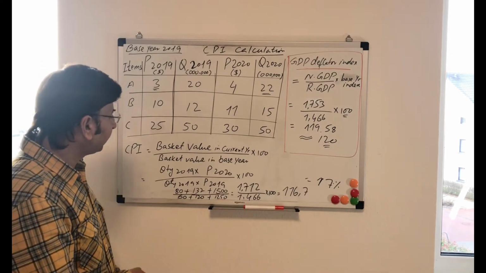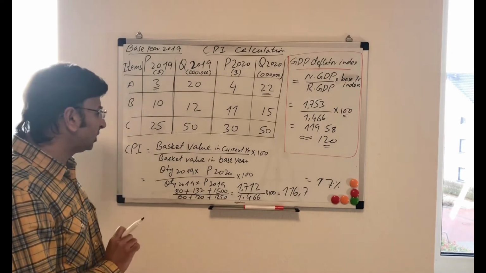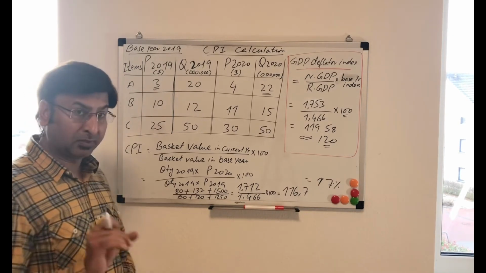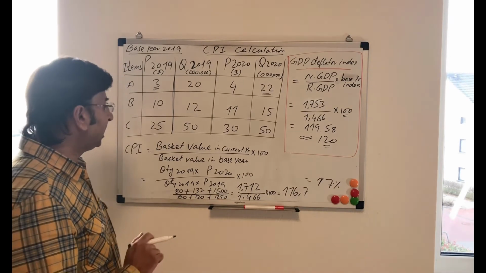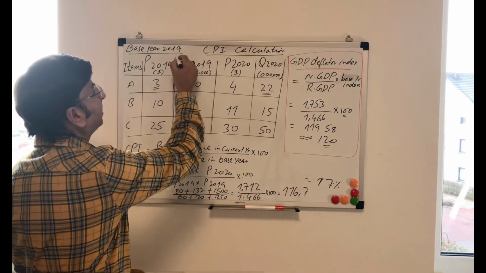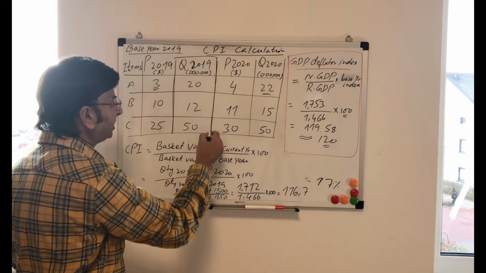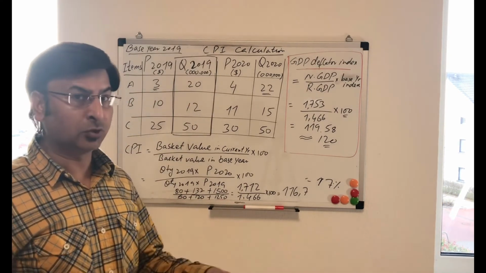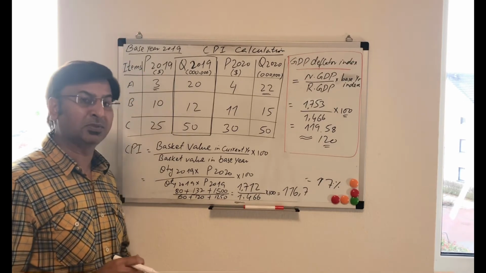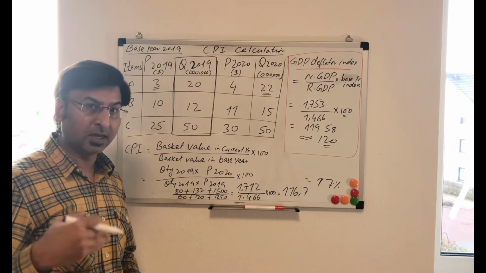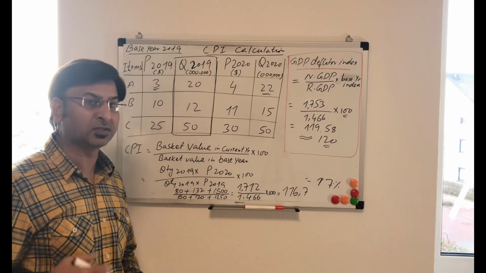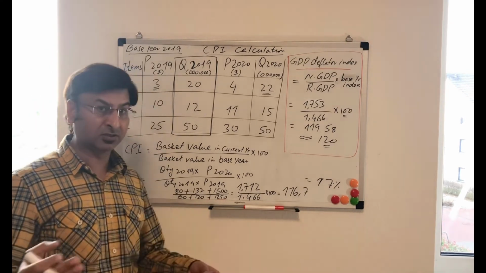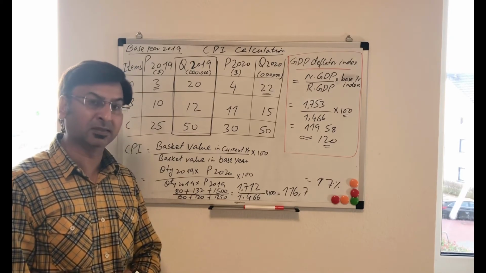Now, there is a small glitch when you calculate the basket value in the current year as compared to the base year. We actually consider the quantity as our weight. As you know, in the calculation of CPI, we have to consider a base year, and then we have to assign the weight to each commodity to calculate the weighted index, which is a better method than the simple index method.